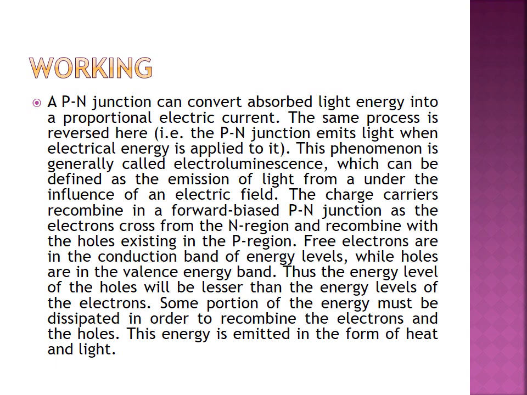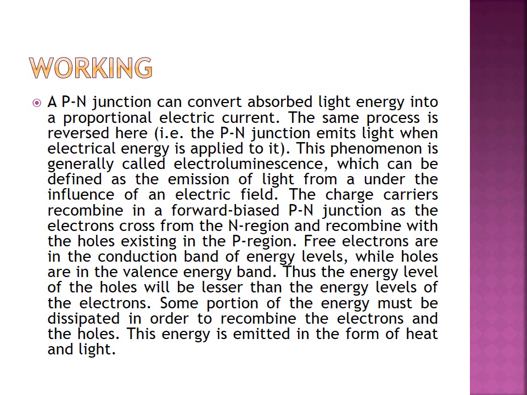So this phenomenon is generally called electroluminescence, which can be defined as the emission of light under the influence of an electric field. The charge carriers recombine in a forward biased PN junction as the electrons cross from N region and recombine with the holes existing in the P region.